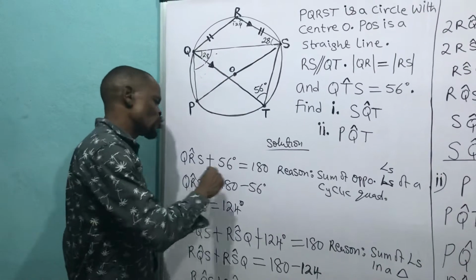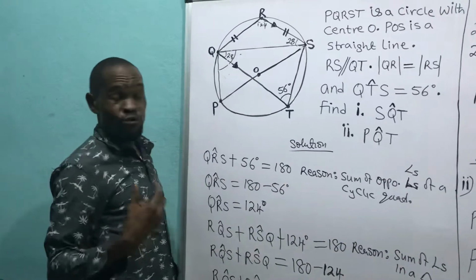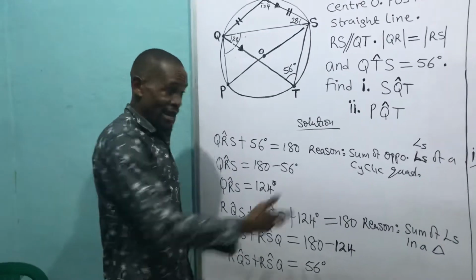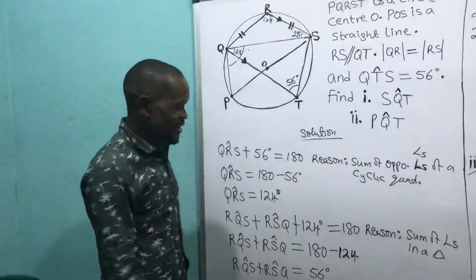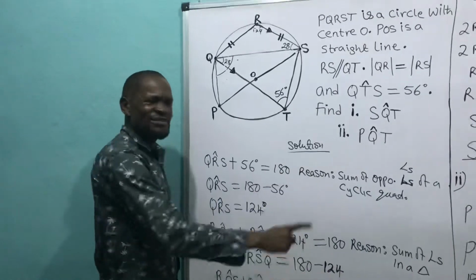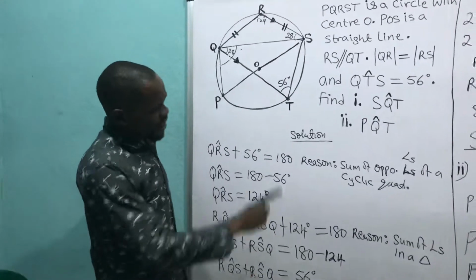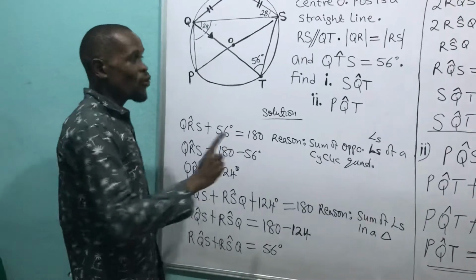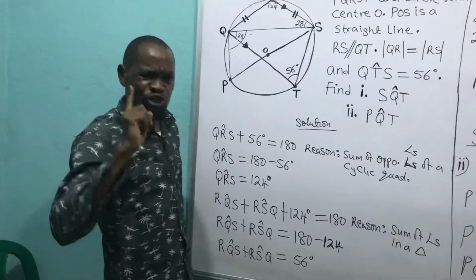If this is supposed to be 2 marks, we give you 1 mark, depending on the decision they make by the marking scheme. But it is necessary that for each statement or assumption you make, you state the reason why you say that in circle theory.